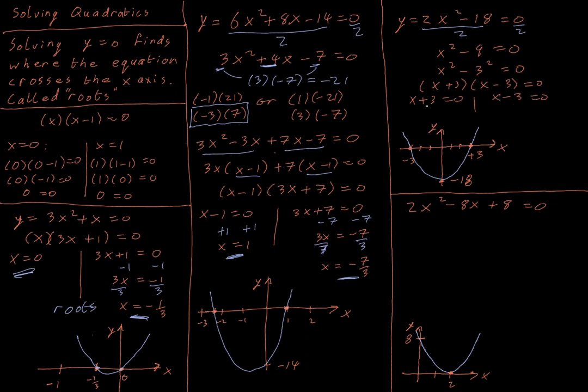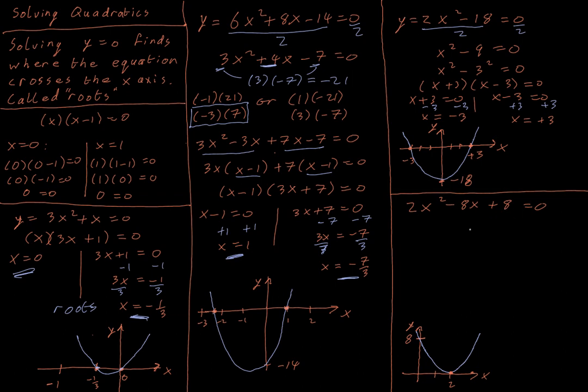Rearranging, I would have x is equal to minus 3, or x is equal to plus 3. And again, those are the roots. If I sub that into my equation, I would get 0 for my y output.